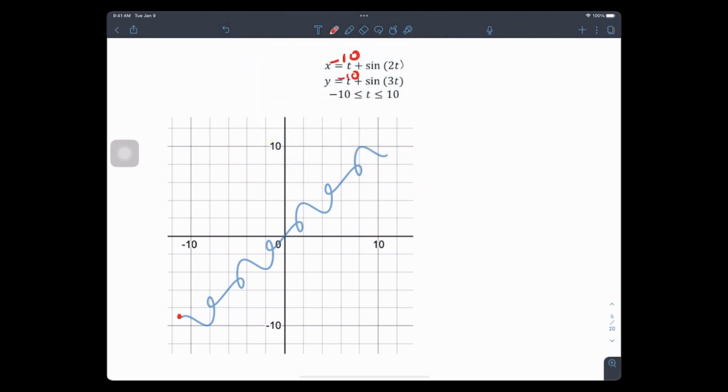Here's my point. It looks like this will be my initial point. And then this will be the terminal point. And again, it happens when t would be -10. And that happens when t is +10. And I bet you that happens when t is 0. If I plug in t being 0, sure enough, we get the origin. The x coordinate is 0. The y coordinate is 0 if we plug that in for t.